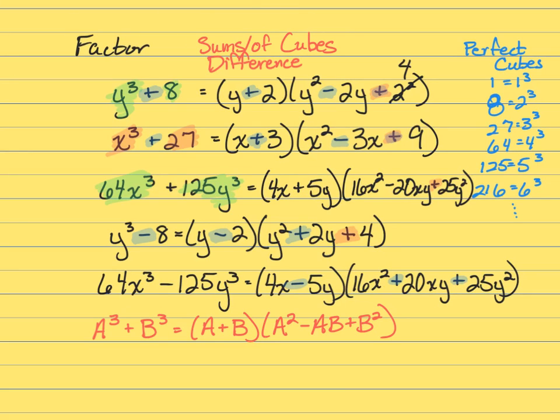And so the formula for differences of cubes is going to be a minus b times a squared plus ab plus b squared. So all the pieces are the same, it's just that the signs switch, except for the last one. Those last plus b squareds are always going to be the same.